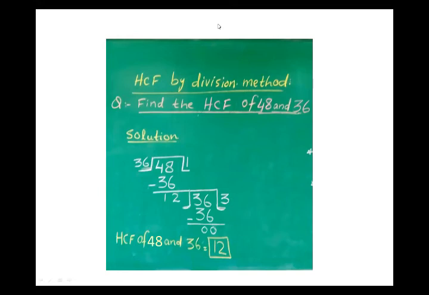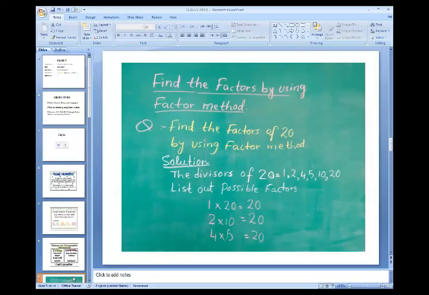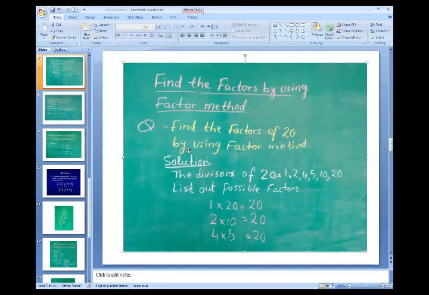The new topic in class 5 is finding factors by the factor method, in which you find the divisors of the number and then make the possible factors of this number.